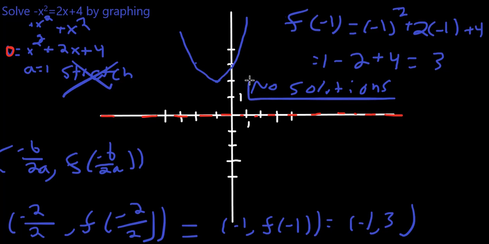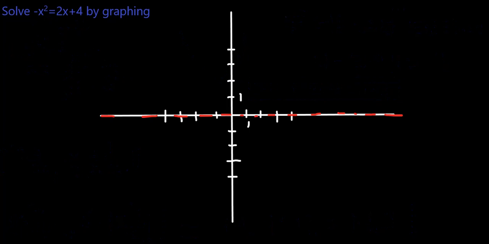That is our answer, is just to say no solutions. If you're curious why there were no solutions, what we can do is graph this parabola and this line separately. So let's graph negative x squared, and we'll do this one in white, and this other one, 2x plus 4, in red.